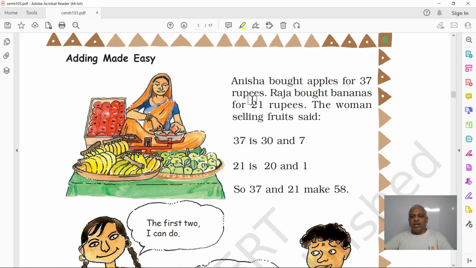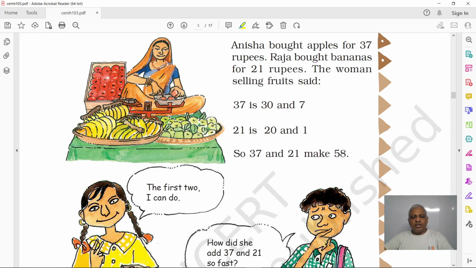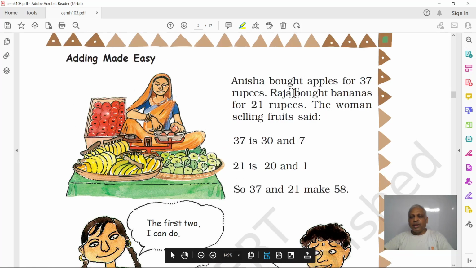Anisha bought apples for 37 rupees. She is a fruit vendor selling apples, bananas, and some mangoes. Raja bought bananas for 21 rupees.